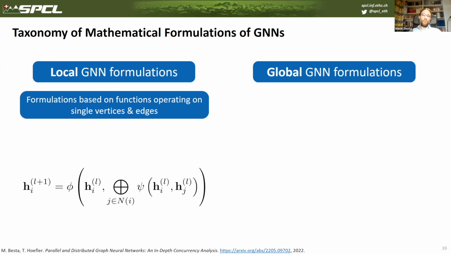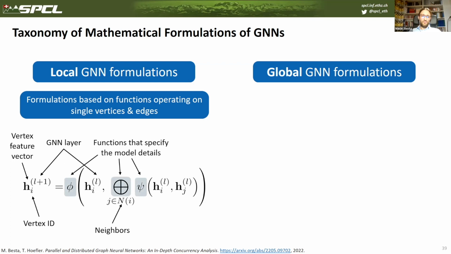So this is the well-known mathematical expression for the generic formulation of the message passing graph neural network, in which we use the H symbol to denote vertex feature vectors. I is our vertex ID, and N(i) are the neighboring vertices of the vertex i. Then we have L, which indicates the GNN layer index.